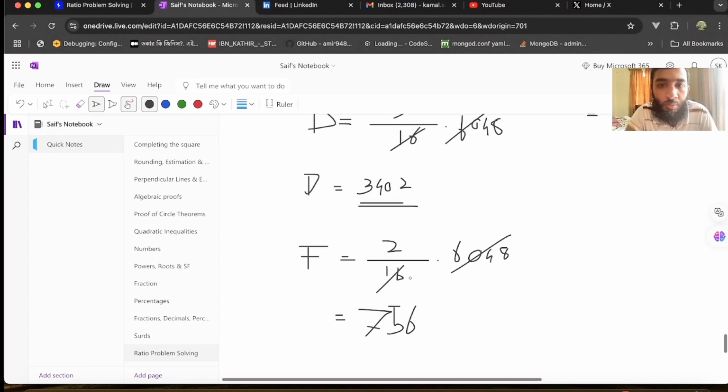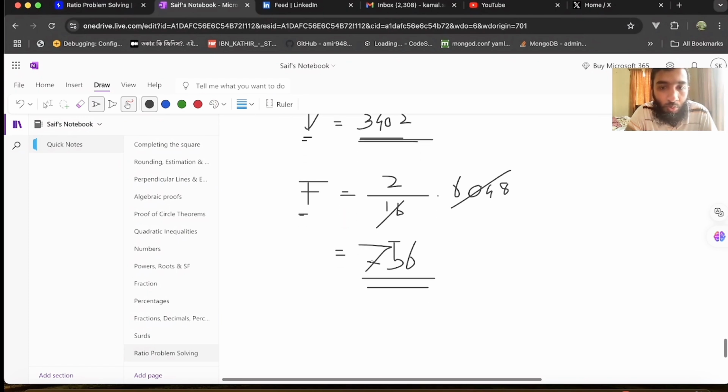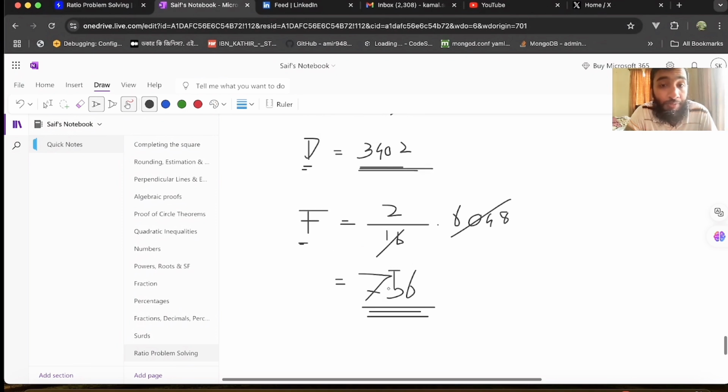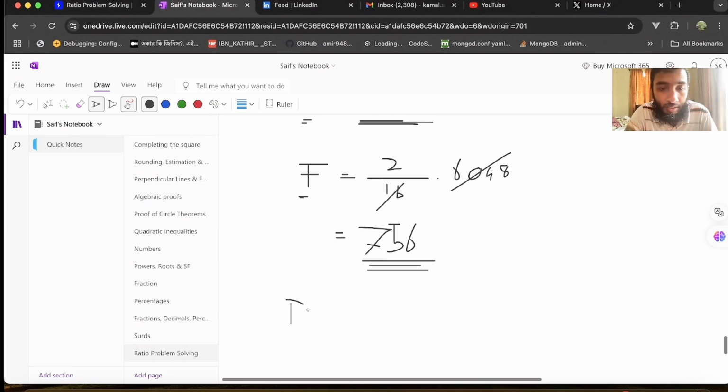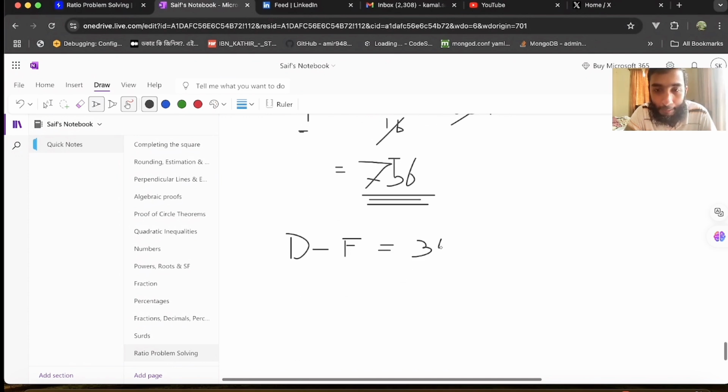So how much more dollars did he convert than franc? The amount of dollars he converted was 3,402, and the amount of franc conversion was 756. So the difference is what? The difference in terms of amount is 3402 minus 756.